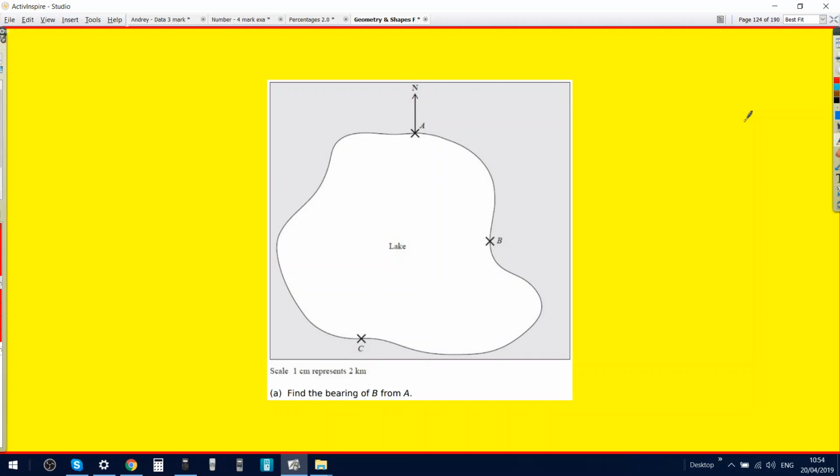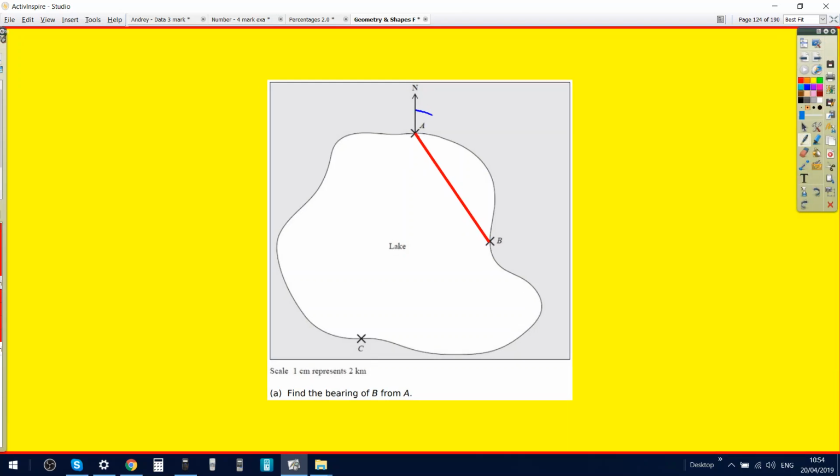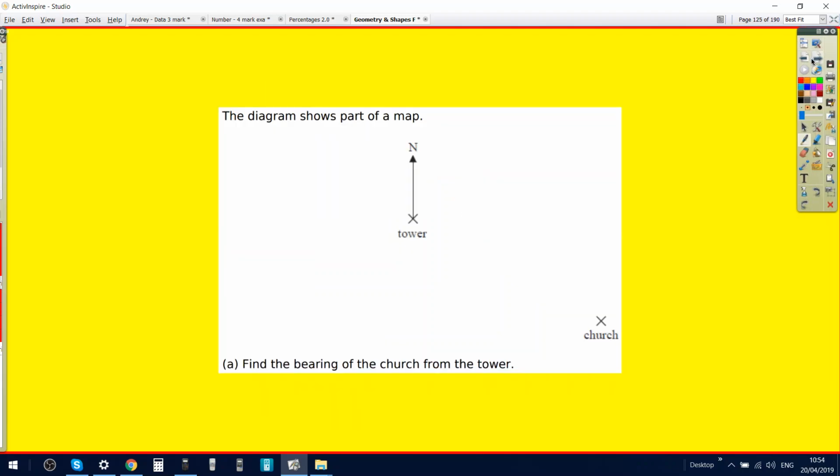So it'd be from A to B. So would you get the protractor and line it up from the thing and see what the angle reaches for B? Yeah, and I draw a line first. Okay. And just so it's that angle there that you'd find. Because this turns clockwise.